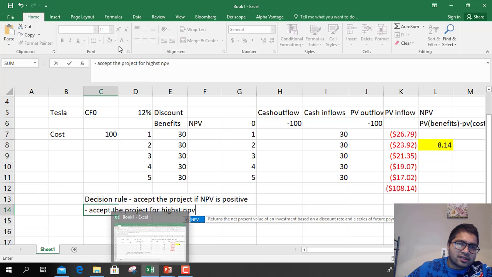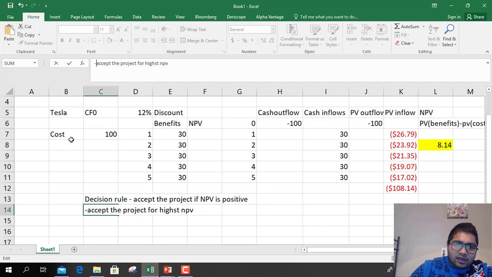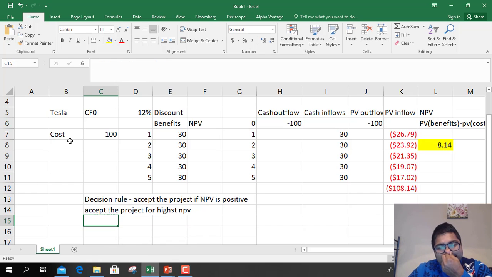Okay, so this is the decision rule. If only one project is there, accept the project if NPV is positive. If 2 or more projects are given to you, then accept the project that has highest NPV.